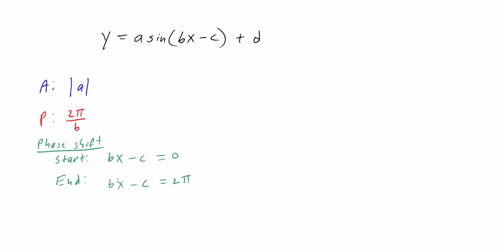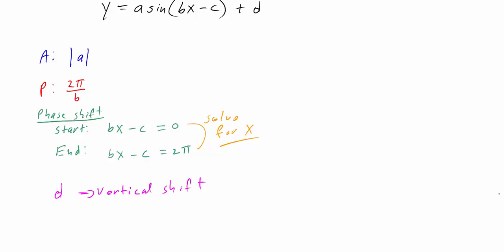If we want the endpoint for the period, we simply set that equal to 2 pi. In both cases, you would solve the equation for x. And then the last part, d, gives us our vertical shift. That tells us whether the graph is going to shift up or down on the y-axis.